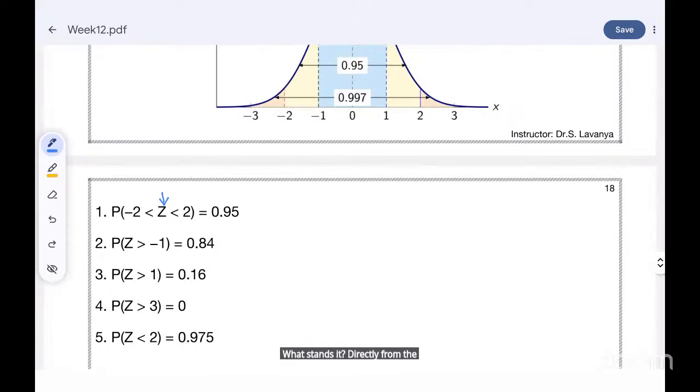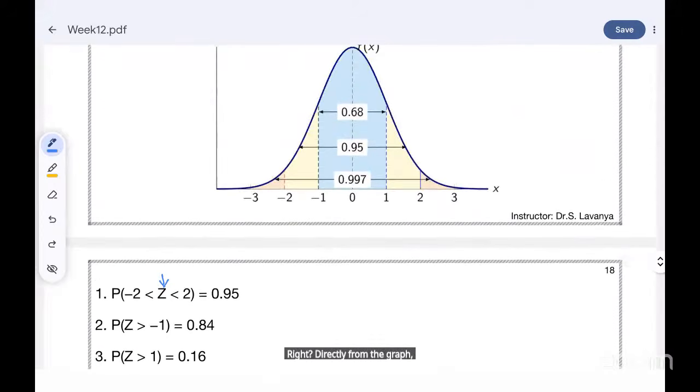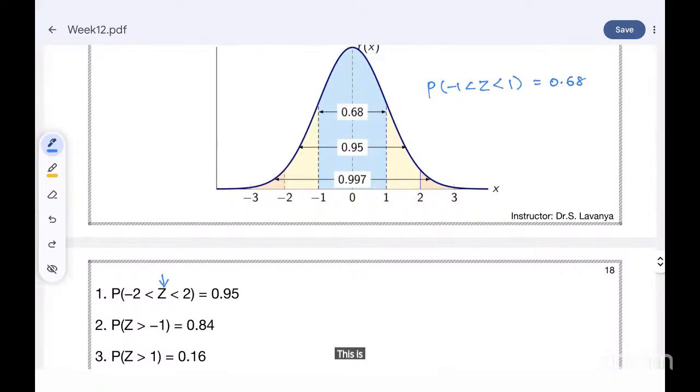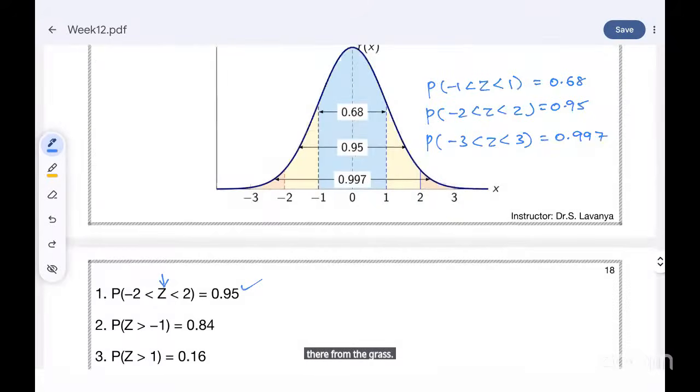Directly from the graph, you see that between -1 and 1 this is 0.68, between -2 and 2 this is 0.95, and between -3 and 3 this is 0.997. So the answer is already there from the graph.